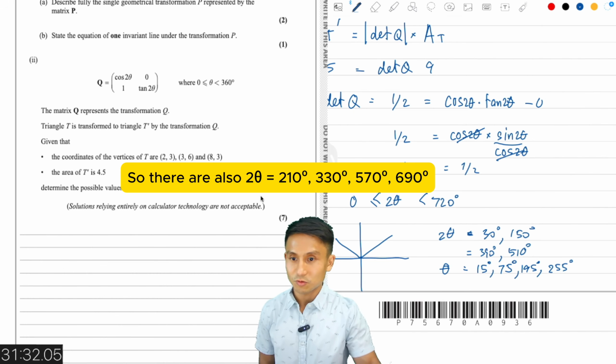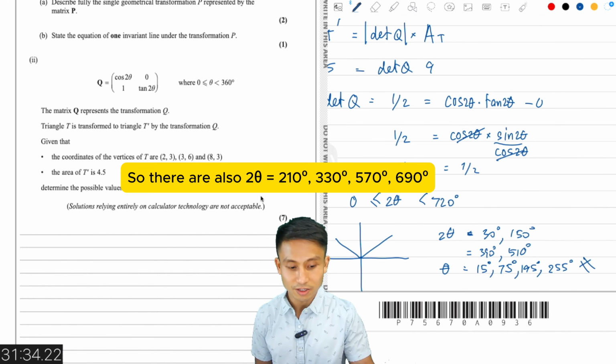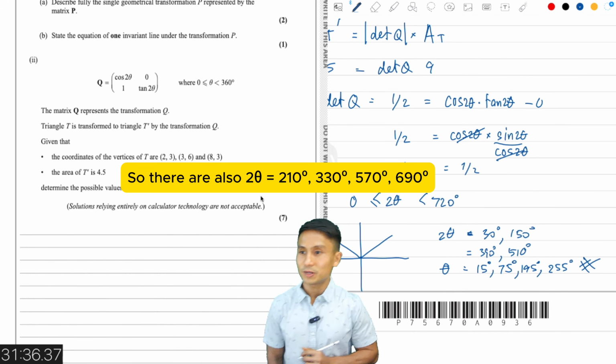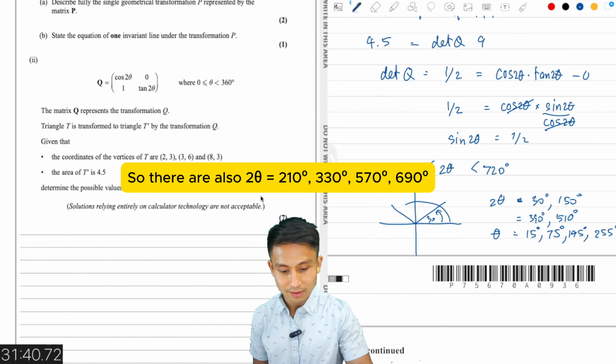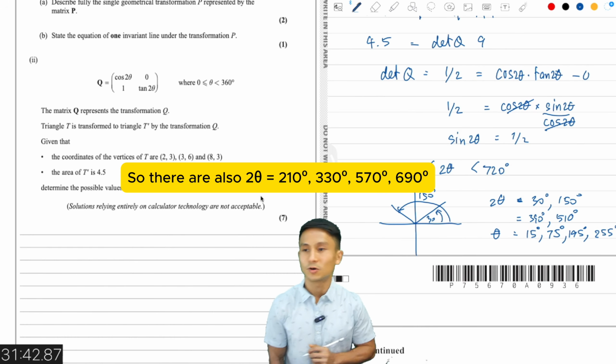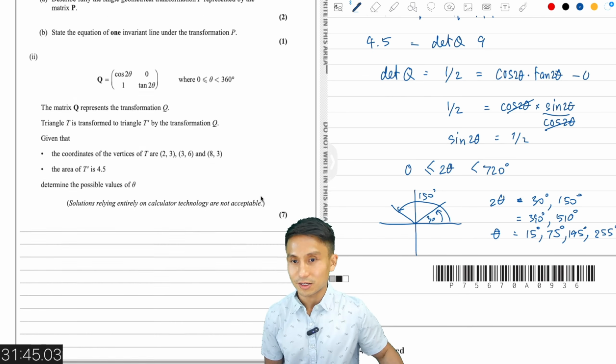Yeah, so that would be all possible values of theta. Okay, so that would be it. Yeah, and this is a CAST diagram, so that's 30, and this is 150 there. Okay, so that's it for this part here.